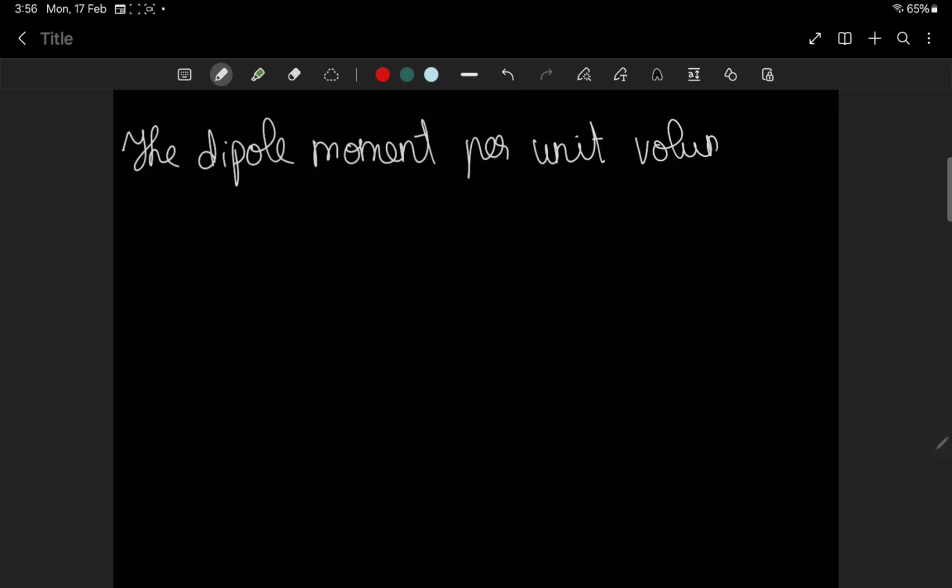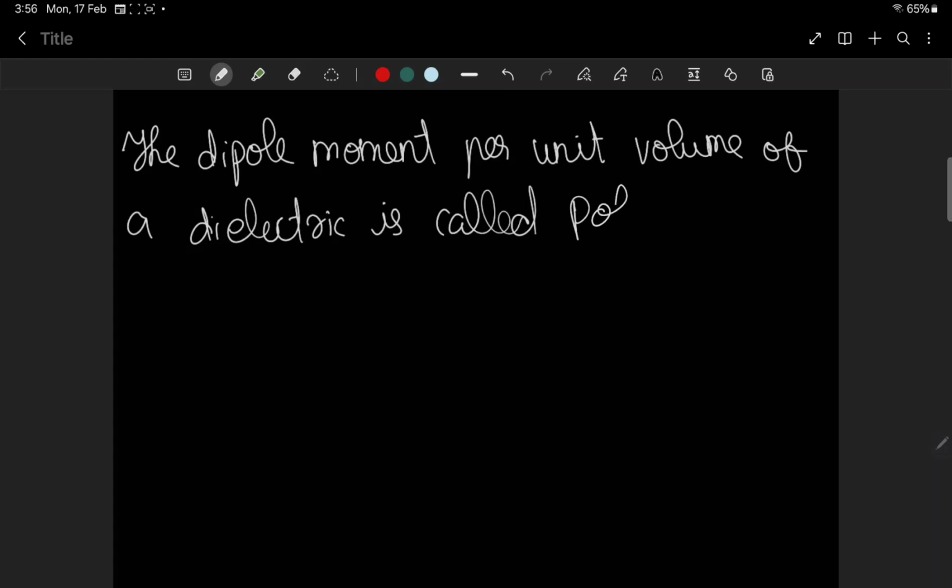Many will tell this as the definition, but physically, the dipole moment per unit volume of a dielectric is called polarization.